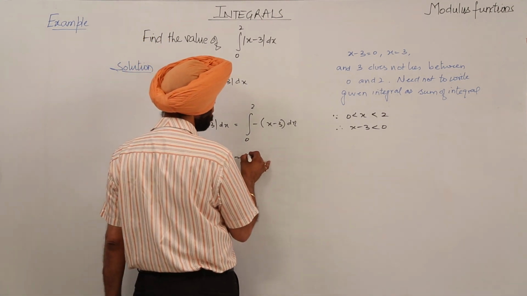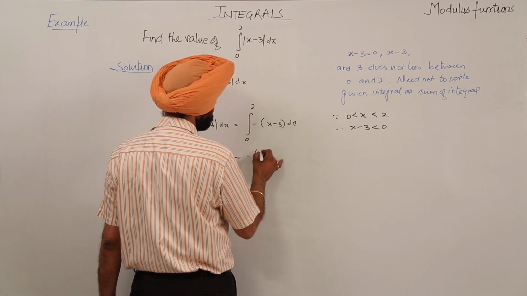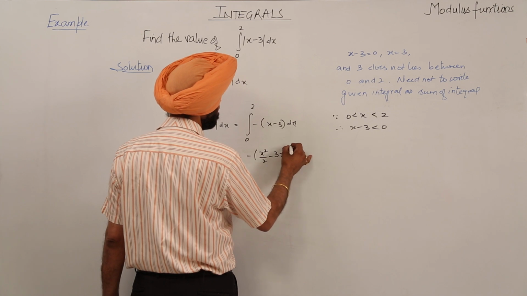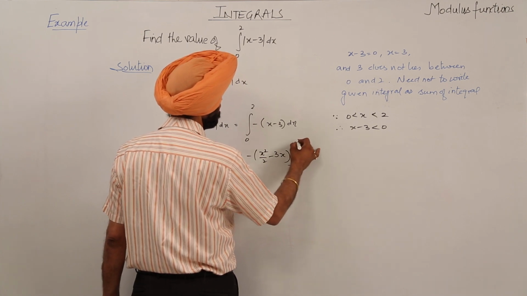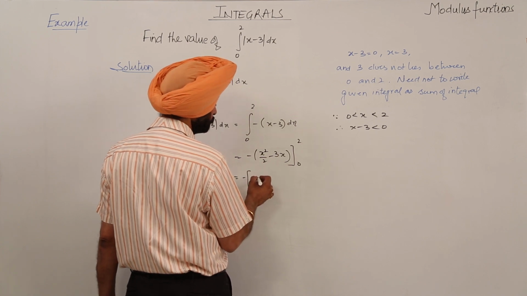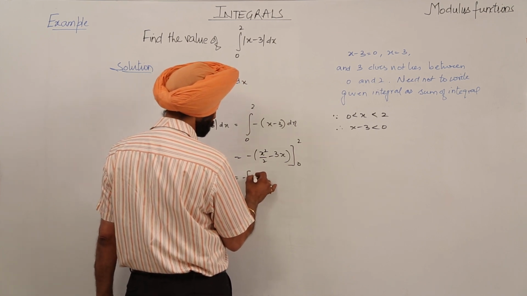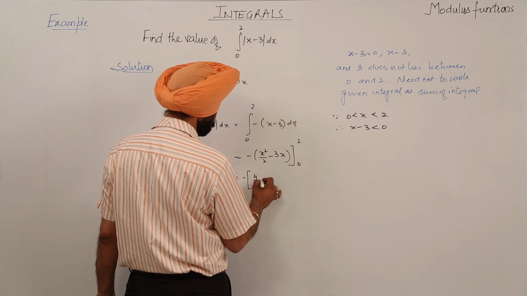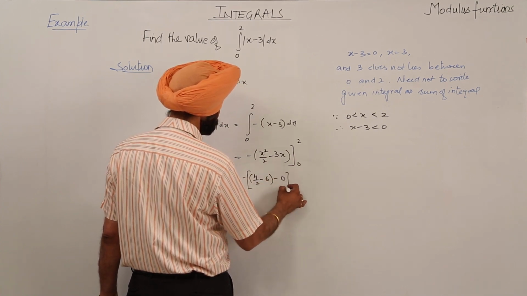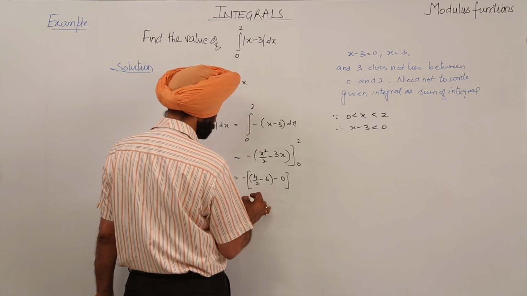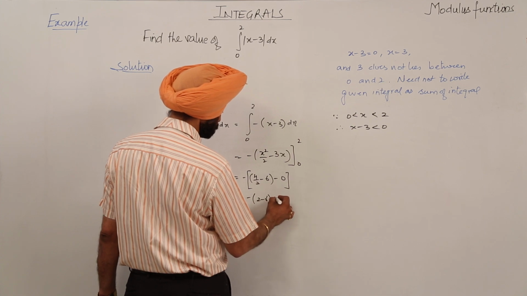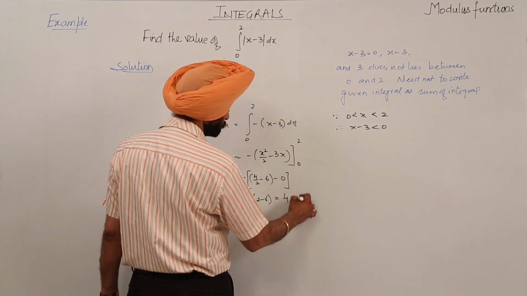Now minus x square upon 2 minus 3x from 0 to 2. Now this becomes negative of 4 upon 2 minus 6 minus 0. This is equal to minus 2 minus 6. This is equal to 4. This is the answer.